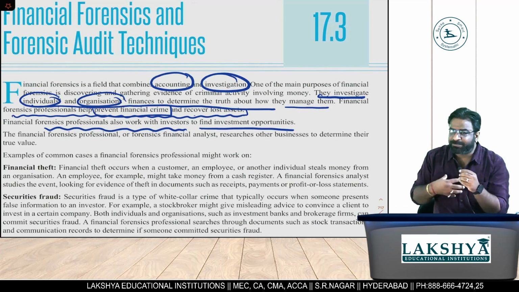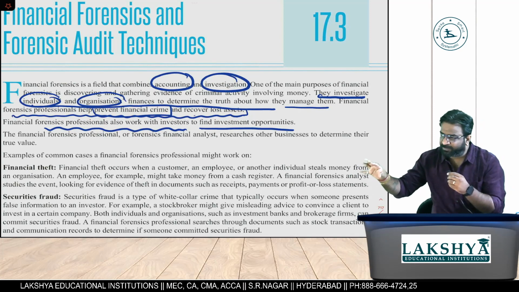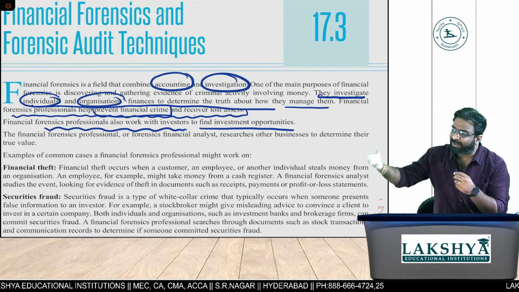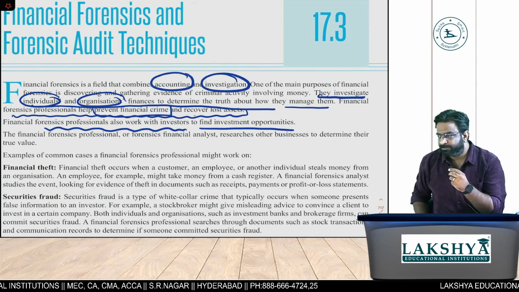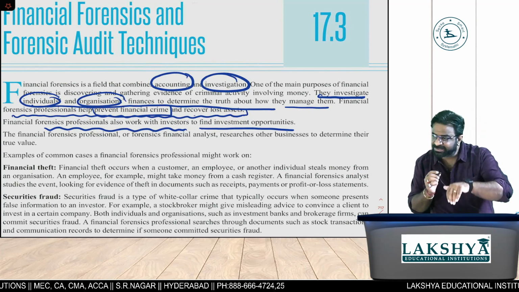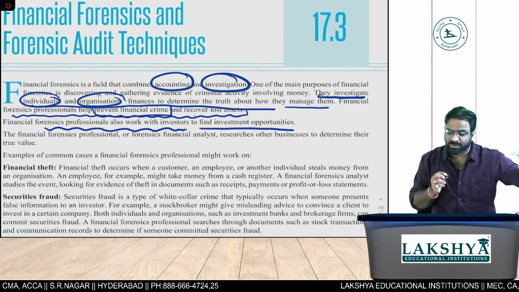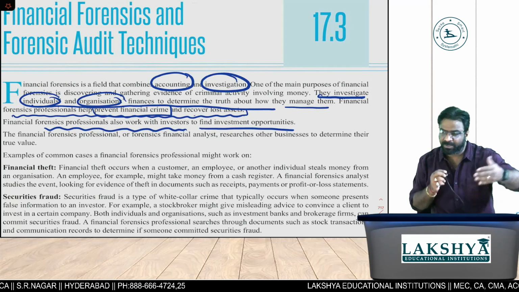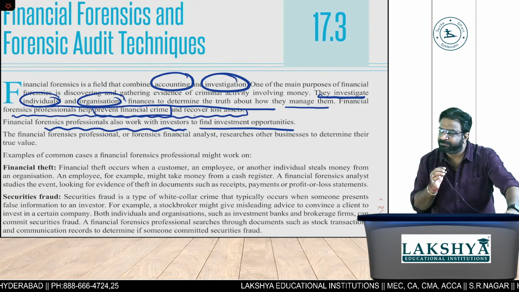Now I as a person would love to join that firm, but before joining I would like to know why they are taking me in as an incoming partner. Why didn't they offer me this when the partnership was made, or last year, or the year before? Why suddenly are they asking me, Rohit, please come and become our partner and bring this much money? Are you getting the point?